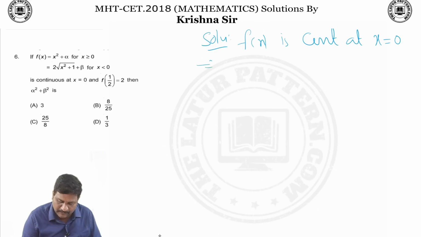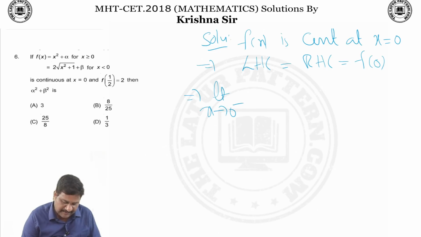Then we know the left hand limit is equal to right hand limit, which is equal to the function value. So the left hand limit, x tends to 0 minus. What is the function there? Less than 0, 2 into root over x square plus 1 plus beta.